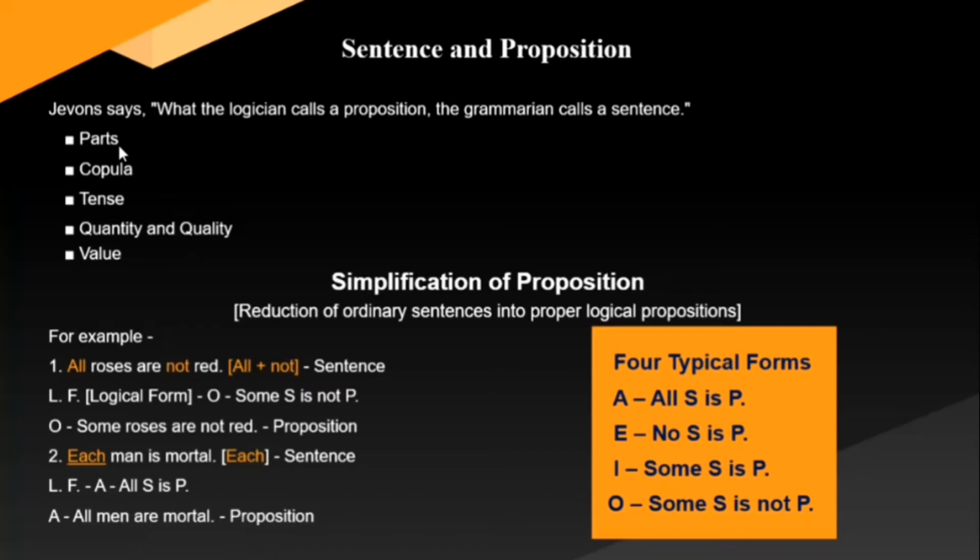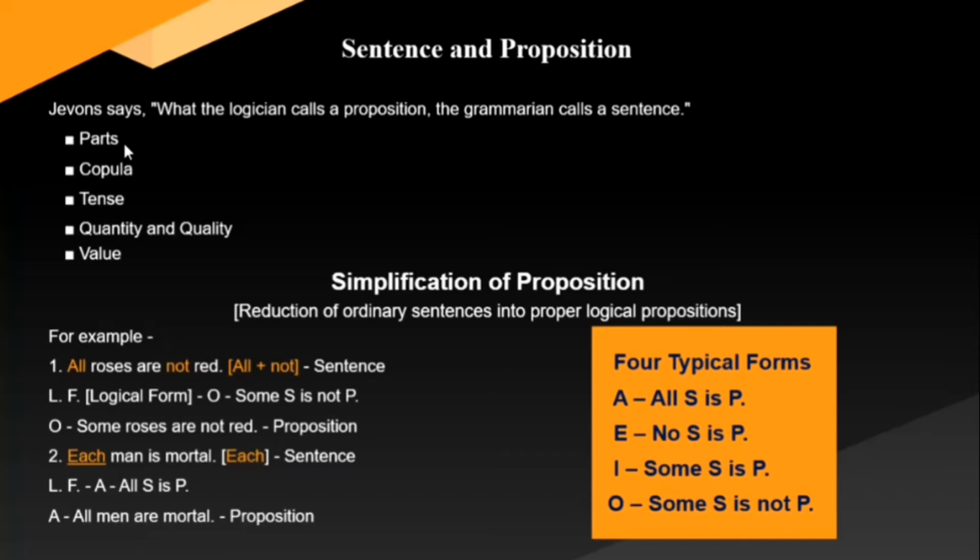Regarding parts, a proposition must consist of three parts. The three parts of a proposition are the subject, the copula, and the predicate. However, a sentence has only two parts, the subject and the predicate.